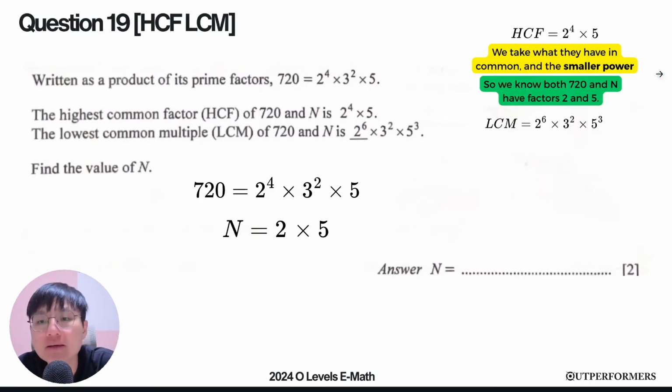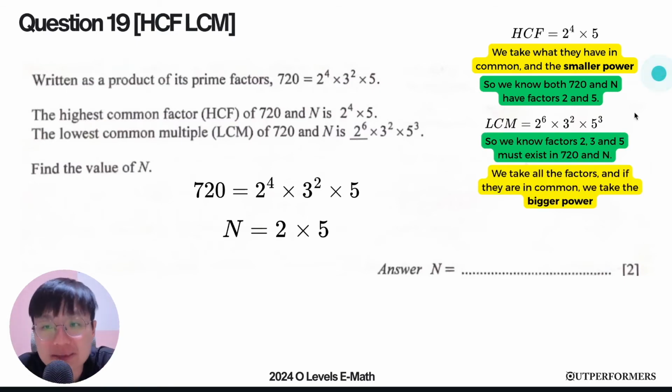Next, LCM is the case where we take all the factors, and if they are in common, we take the bigger power, right? Which means that we know 2, 3, and 5 will exist somewhere. So as we compare these two, we will know that, hey, where's 2 to the power 6? We must have 2 to the power 6 somewhere, right? So since 720 has 2 to the power 4 already, 2 to the power 6 definitely belongs to n.